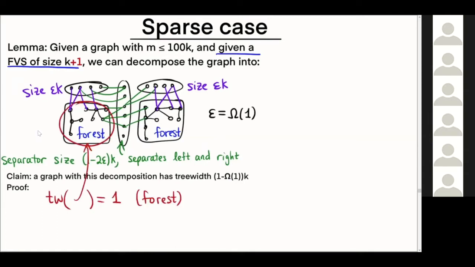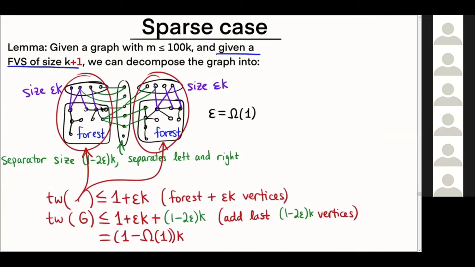So here's the very quick proof of why this is true. The tree width of any forest is 1. Given a graph of small tree width, adding an additional vertex to the graph can increase the tree width by almost 1.